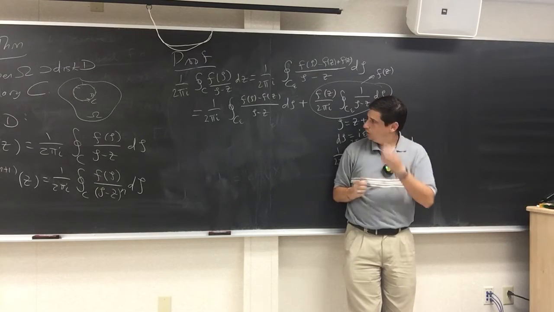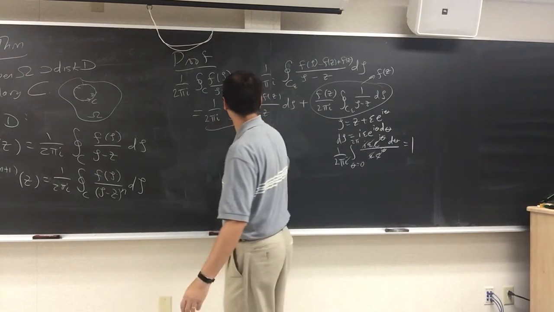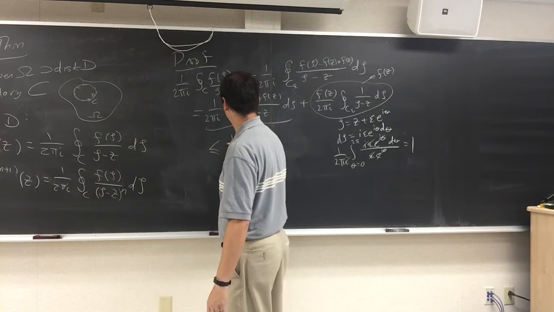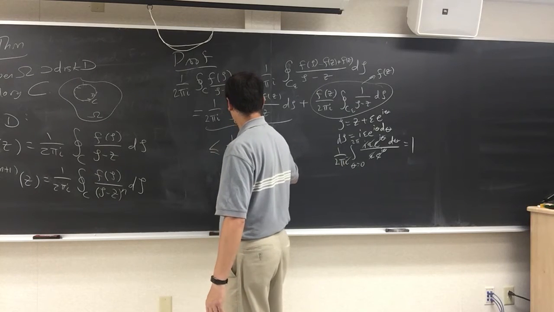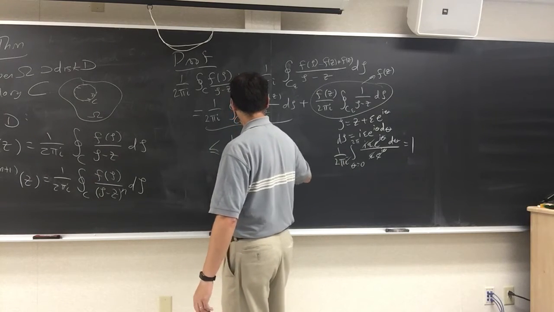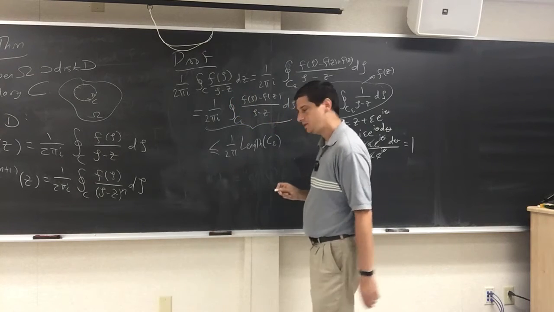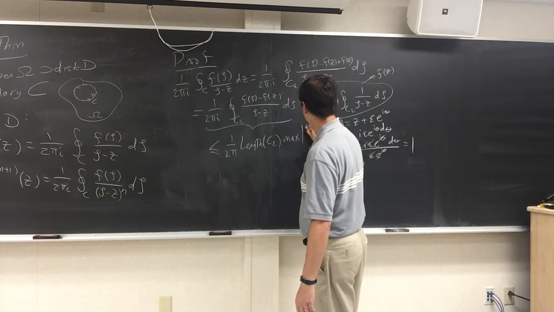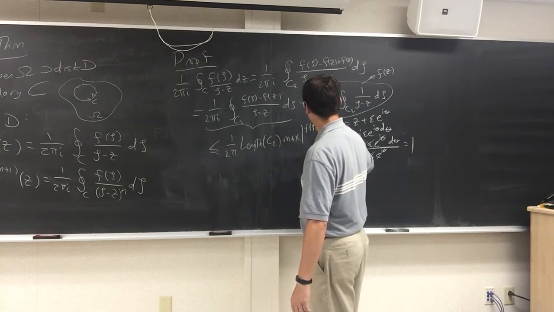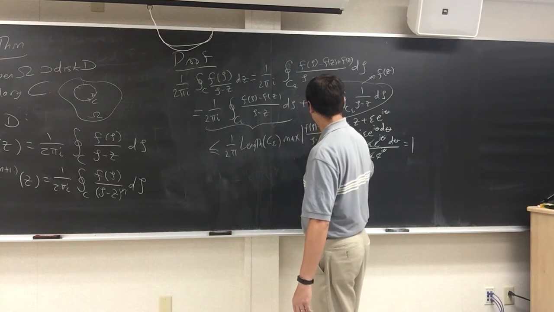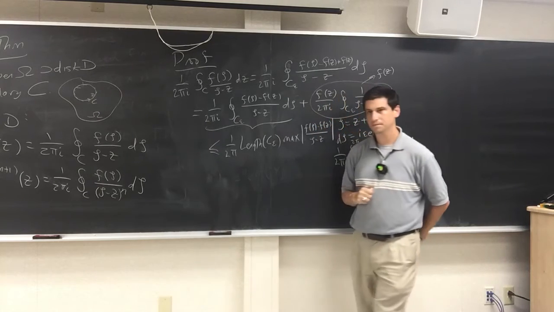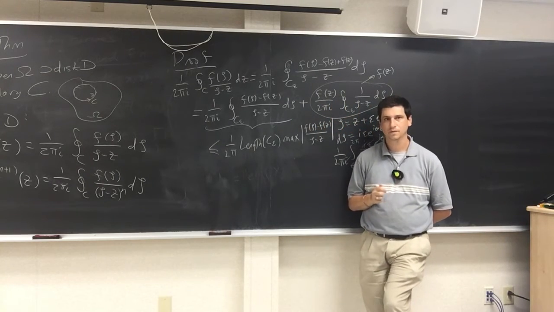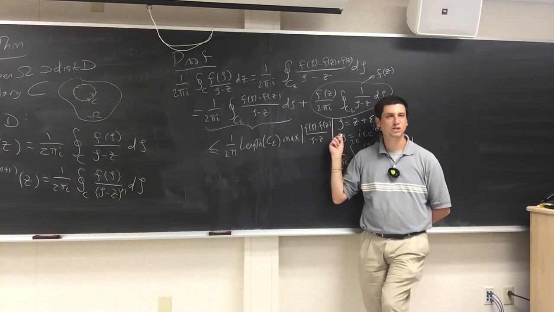Okay, well, we know that this is going to be less than or equal to 1 over 2 pi times the length of the curve c epsilon times the maximum value of the absolute value of f of zeta minus f of z over zeta minus z. So this is where I'm using a little bit of real analysis.